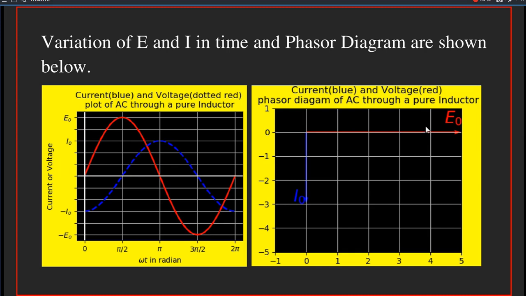In this picture, E is leading the current I by a phase of pi by 2, because the angle between these two phasors is 90 degrees, and in the anti-clockwise sense the voltage E0 is leading the current I by a phase of pi by 2. So this is called a phasor diagram.